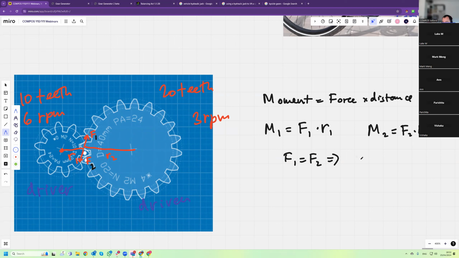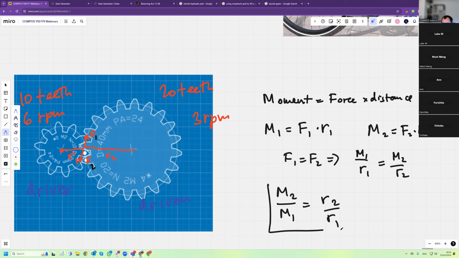And therefore, you can express F1 as M1 over R1, which is equal to M2 over R2. And this means that M2 over M1 is R2 over R1.